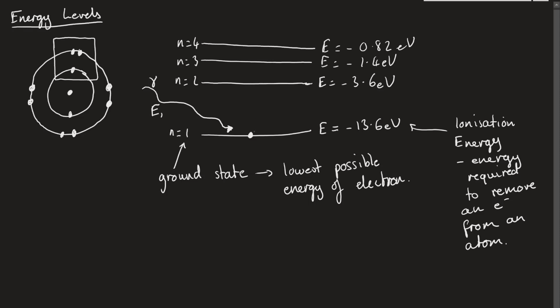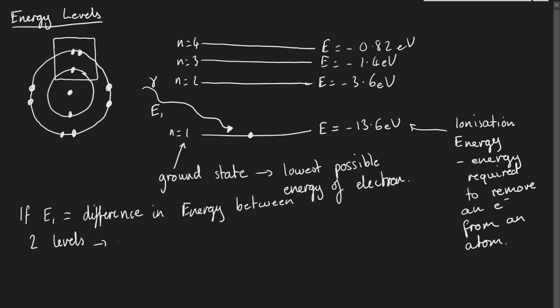Okay, but so if E1 is equal to a difference in energy between two levels, the electron is what we call excited.